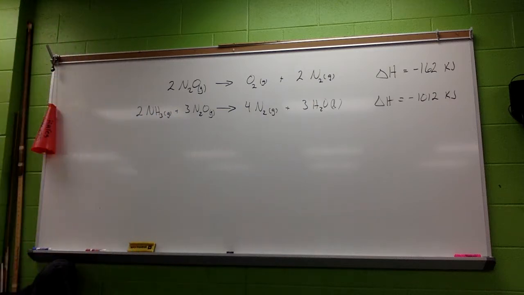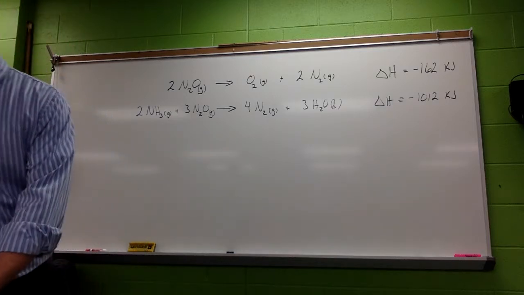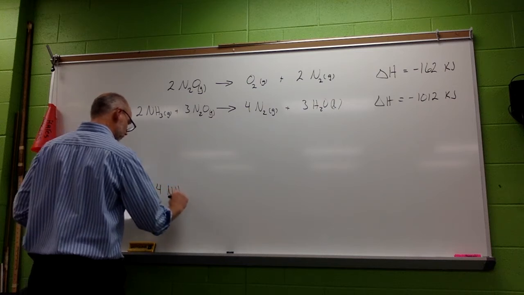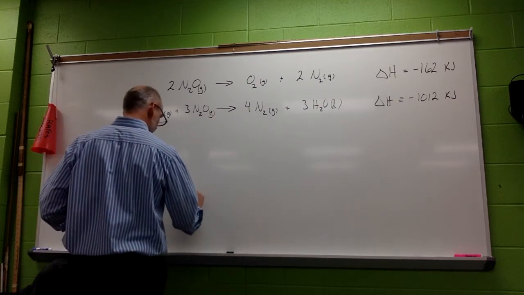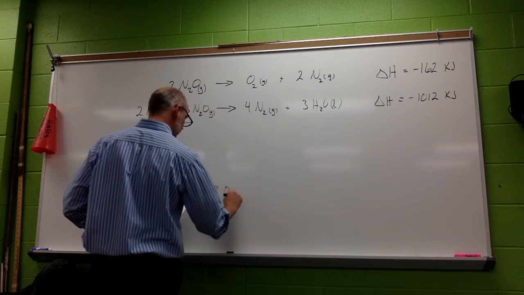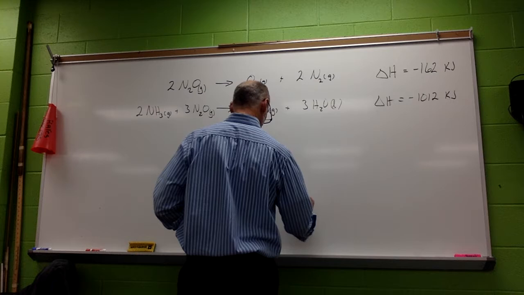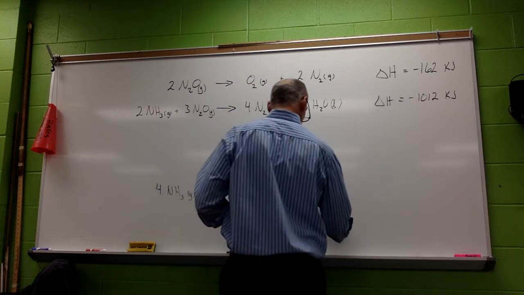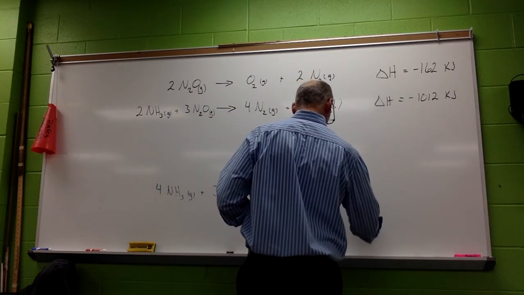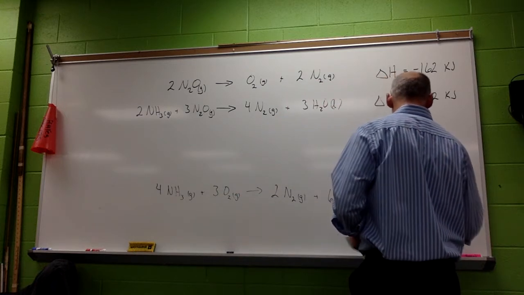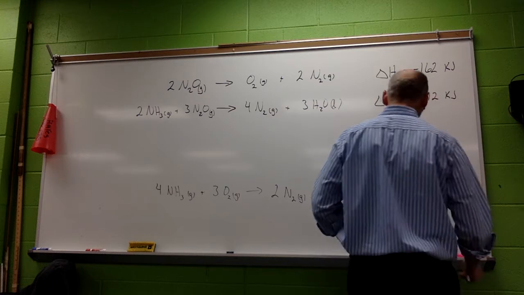So these are the two reactions that are known. We pretend that we've never seen this other reaction before, so our target reaction is 4NH3 plus 3O2, giving us 2 N2 plus 6 H2O. We currently have absolutely no idea what its enthalpy is.